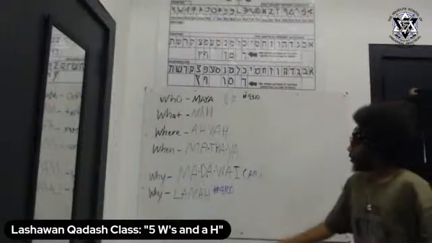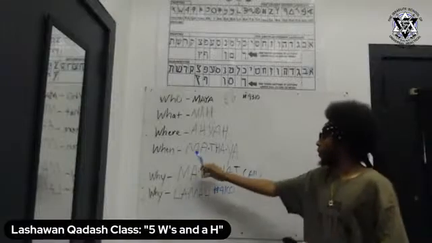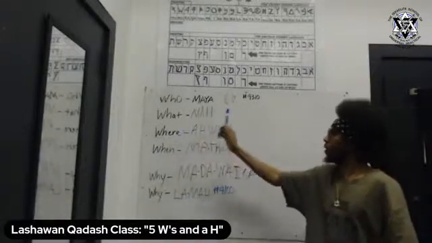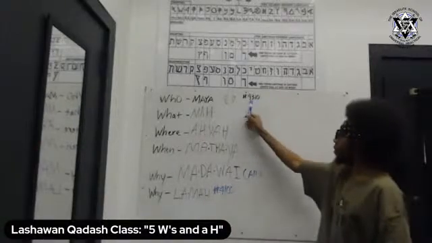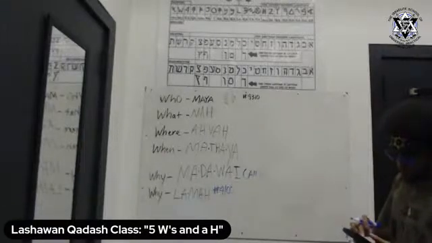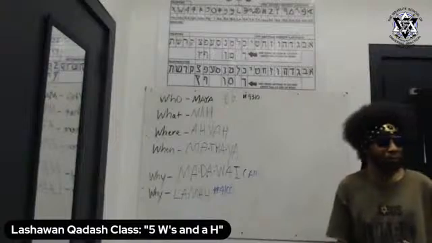Okay? Mother Y is all. When, mata ya, word, a ya, what, ma, who, ma ya. And then you got the concordance.